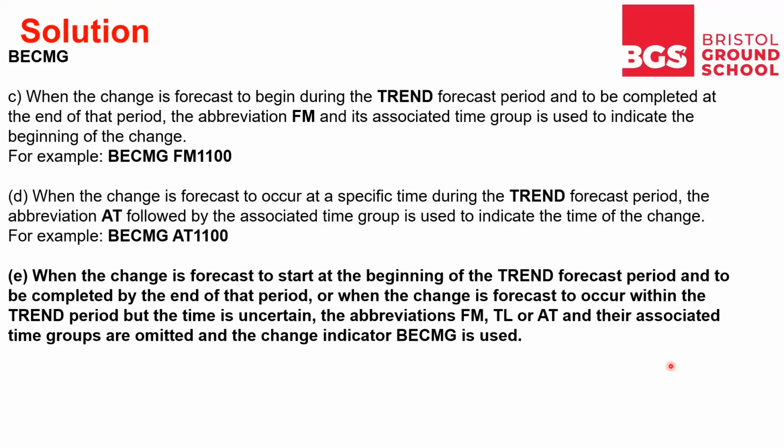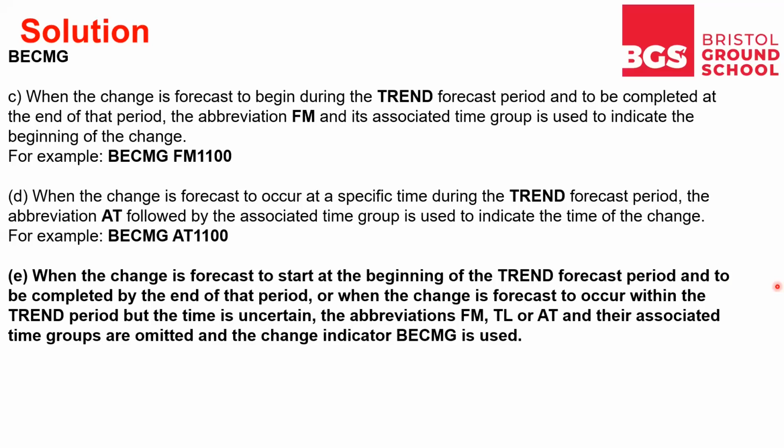When the change is forecast to start at the beginning of the quoted time and to be completed by the end of that period, or when the change is forecast to occur within that trend period but the time is uncertain, then FM, TL, or AT are omitted and the change indicator simply becomes BECMG.